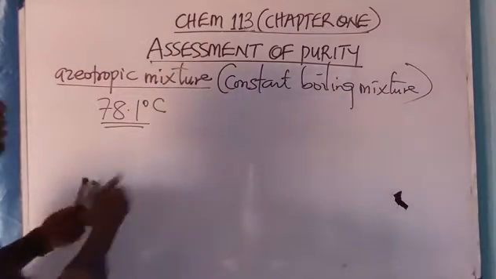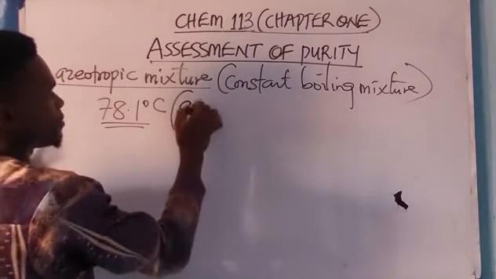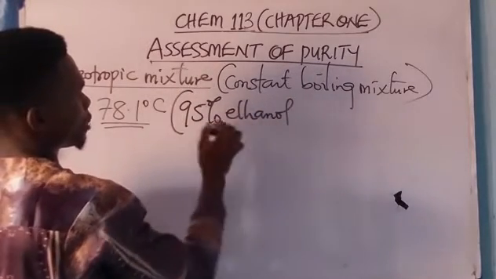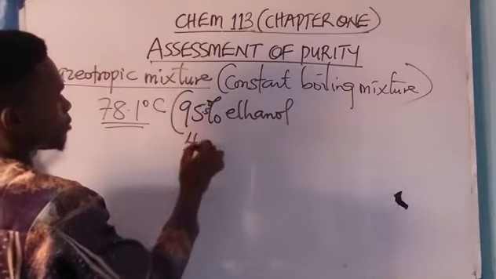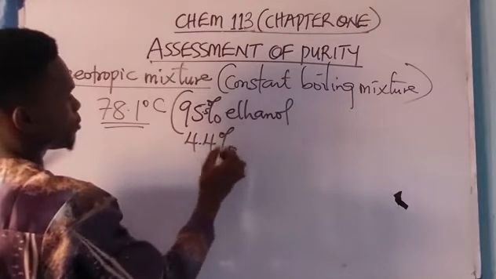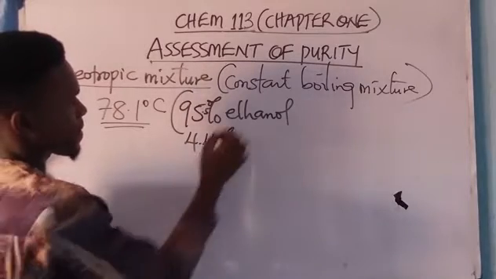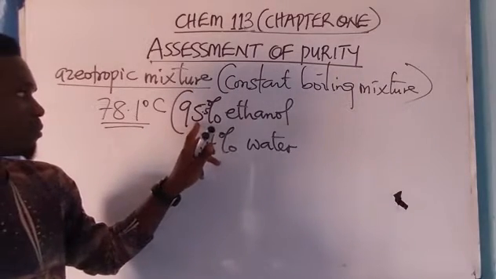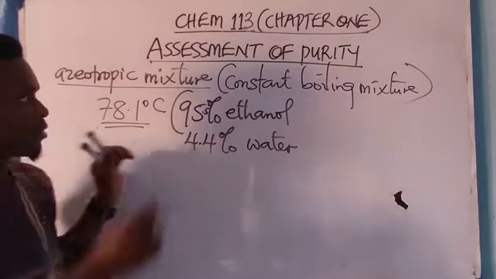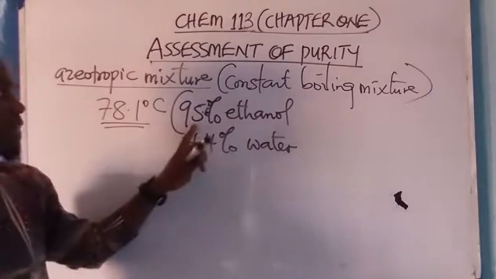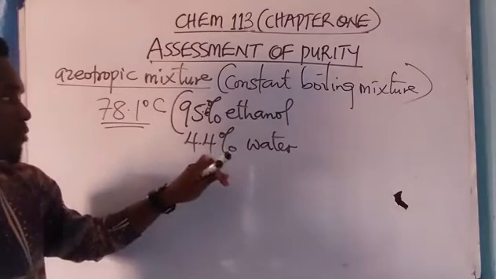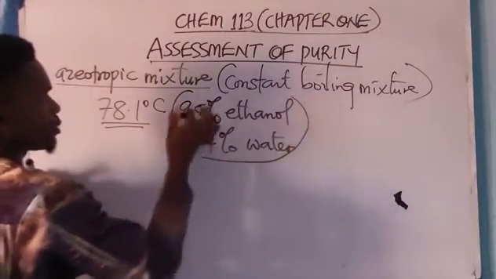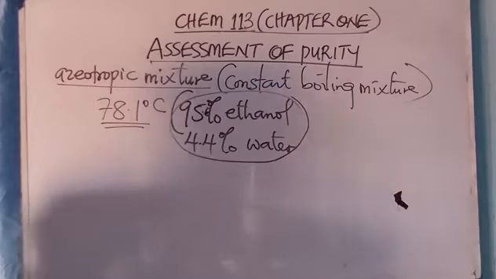Now, a good example is ethanol and water: 95.6% ethanol and 4.4% water, which means that ethanol and water form an azeotropic mixture, a constant boiling mixture.